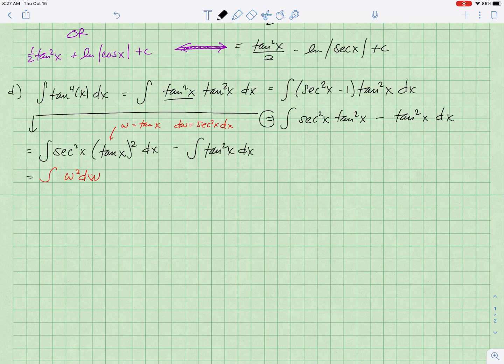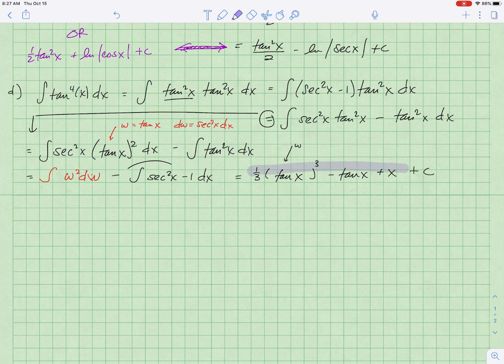And then if you have this one memorized, that's cool. If not, remember that this is the integral of secant squared x minus 1, making this 1/3 w cubed, where w is the tangent of x, minus the integral of secant squared, which is tangent, and then distributing that negative sign, plus the integral of 1, which is x, plus c.